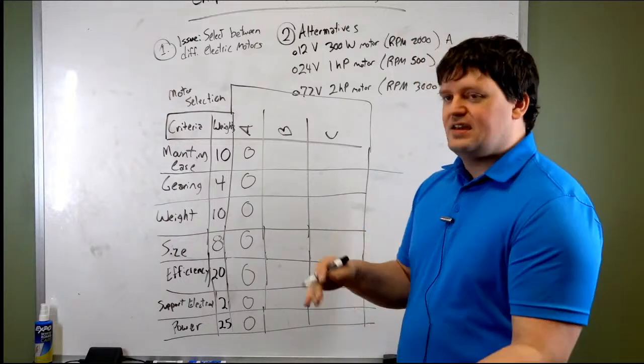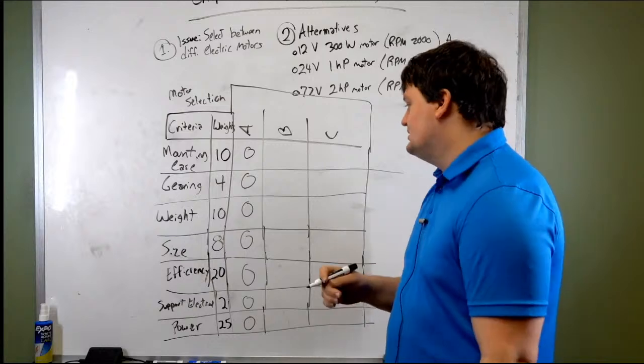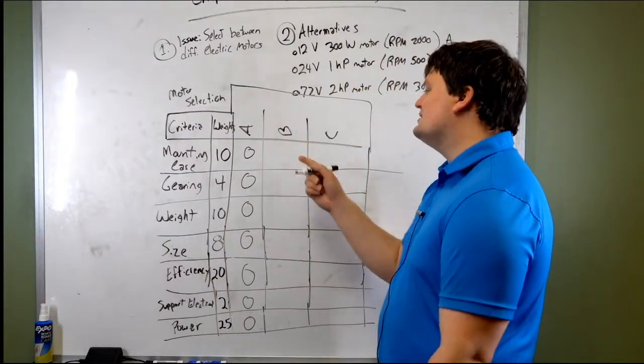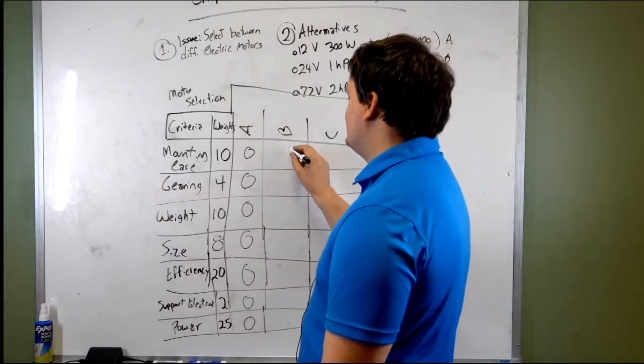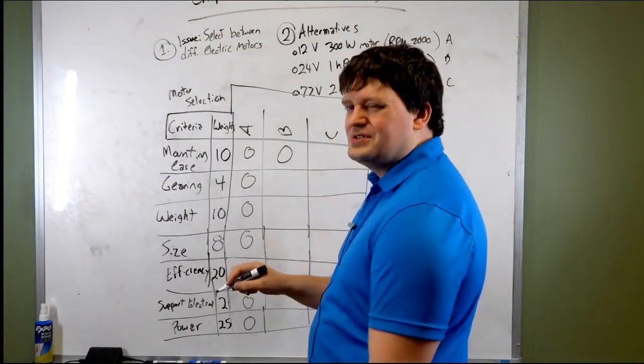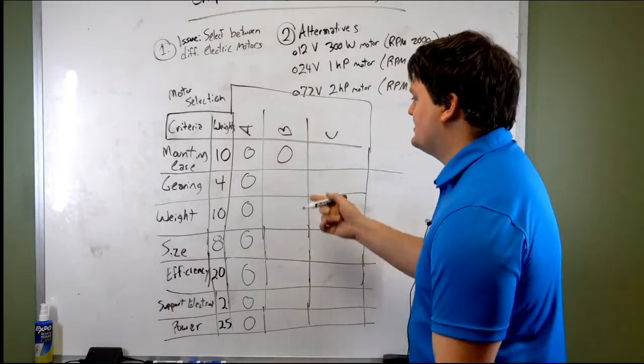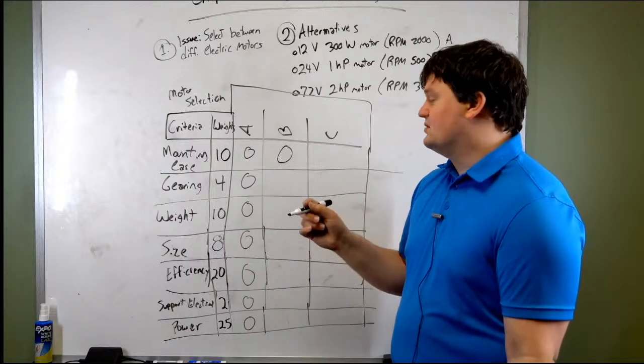It's a lot like the idea of plus and plus plus. So for mounting ease, this is probably going to have about the same mounting structure, as it'll be a little bit bigger, but it's probably going to have the same mounting structure. So that one will be a 0.